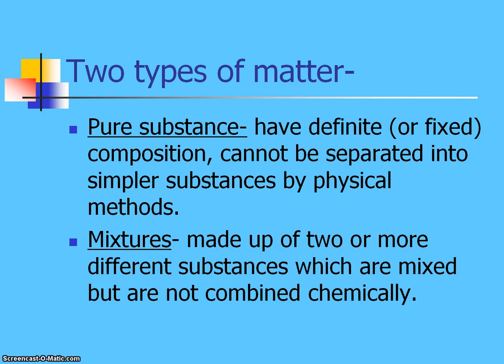All right, there's two types of matter. They're broken down into pure substances and mixtures. A pure substance is anything that has a definite or fixed composition. It cannot be separated into simpler substances by physical methods. Mixtures, on the other hand, are made up of two or more different substances which are mixed but not chemically combined.